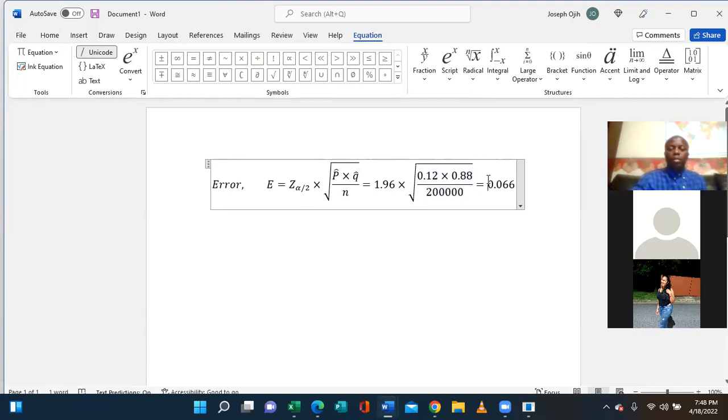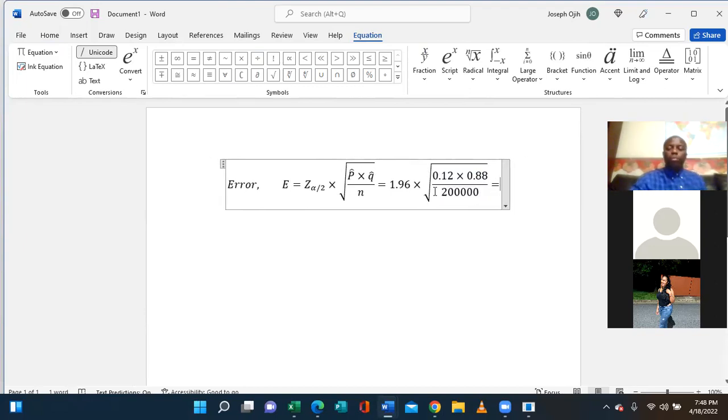So placing this into the calculator: 1.96 times the square root of 0.12 times 0.88, divided by 200,000.